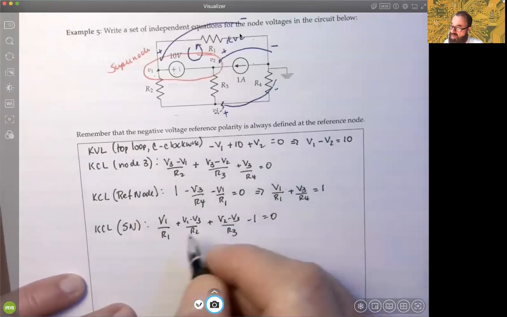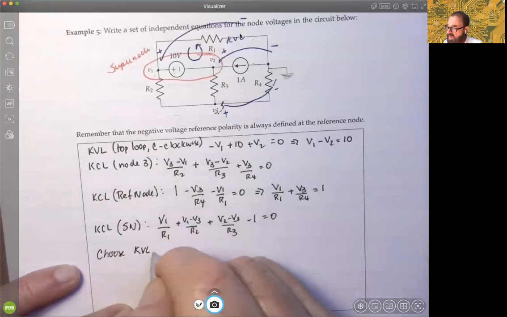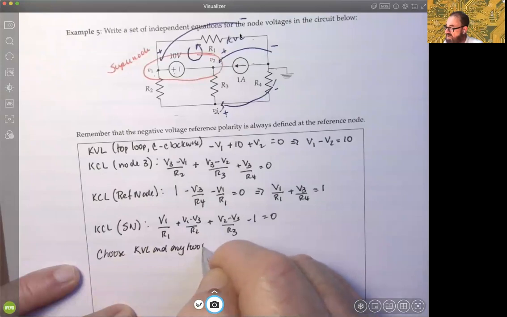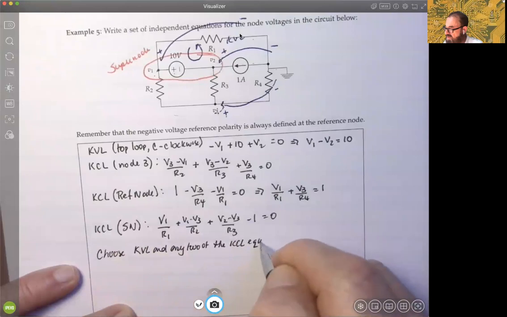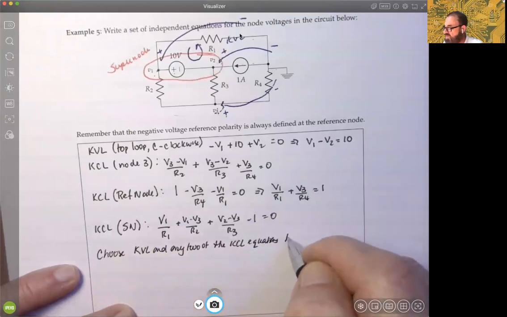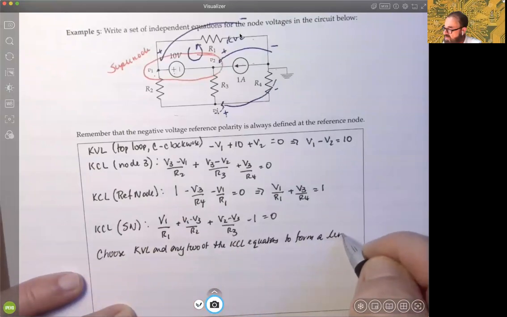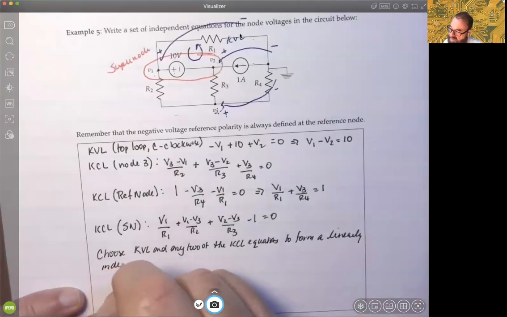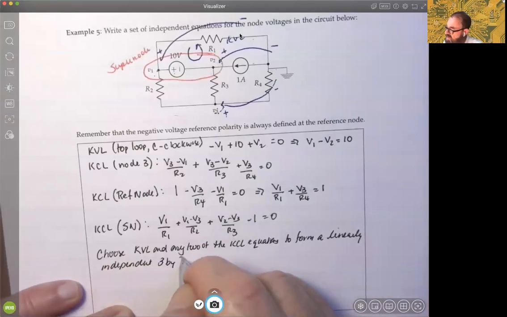So the idea might be, why don't we choose the first one, choose KVL and any two of the KCL equations to form a linearly independent three by three system of equations.